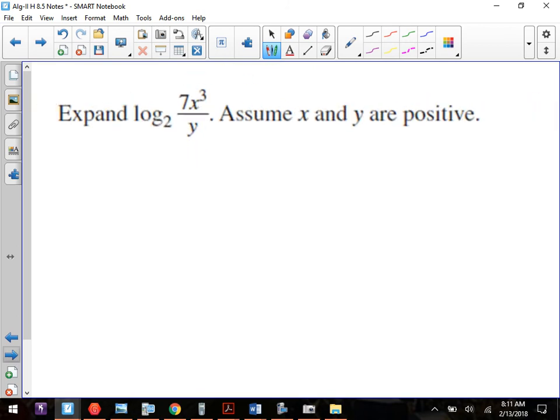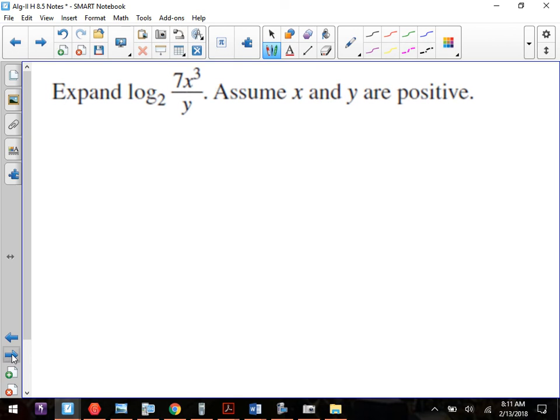So what I want to do with this one is throw some variables into it, and then I want to expand the logarithm. Reason why we want to learn about how to expand logarithms is because as you get multiple logs, you can start simplifying things out. Again, this is going to be more of a tool for tomorrow when we start doing equations, as opposed to just practicing on it today. So when you look at this, I have log base 2 of 7x cubed divided by y. Now, if I look at that, I have 2 things in the numerator with multiplication.